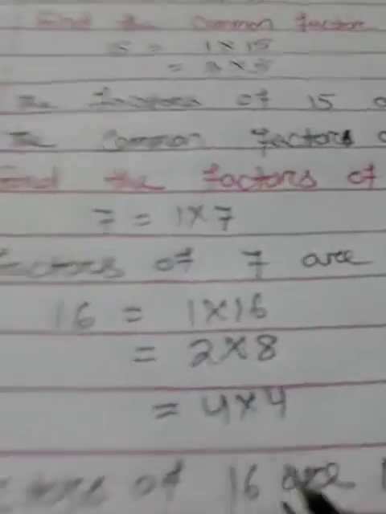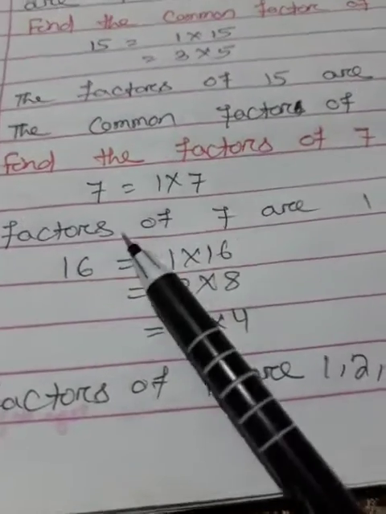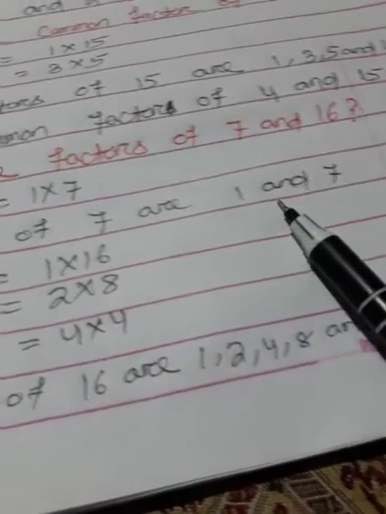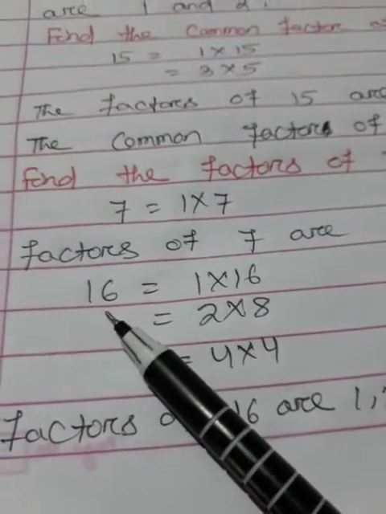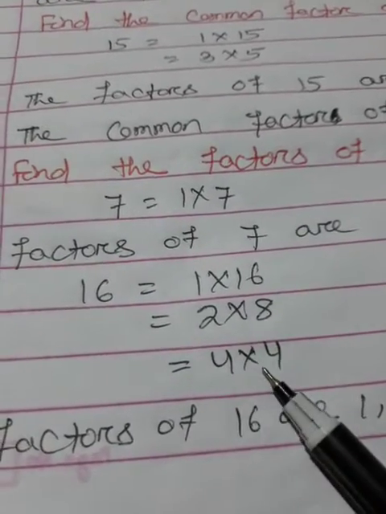Next, find the common factors of 7 and 16. 7 is equal to 1 into 7, so the factors of 7 are 1 and 7. And 16 is equal to 1 into 16, 2 into 8, 4 into 4.